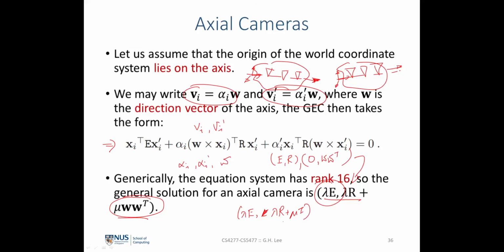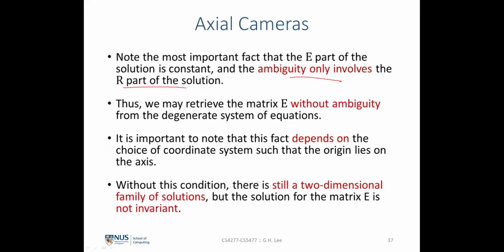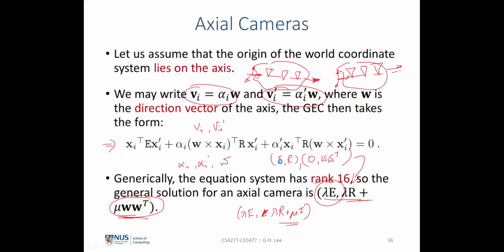So the ambiguity also lies in the rotation matrix. Similarly, in this particular case, we can see that the ambiguity also lies in the rotation matrix. And it is important to note that this particular ambiguity only lies in the rotation matrix but not the essential matrix.